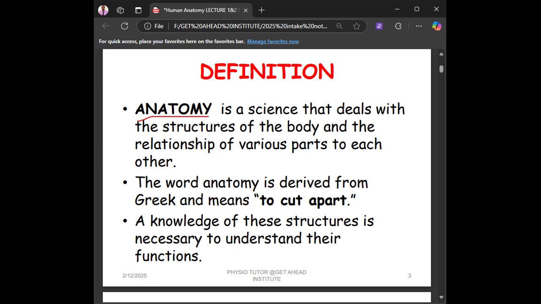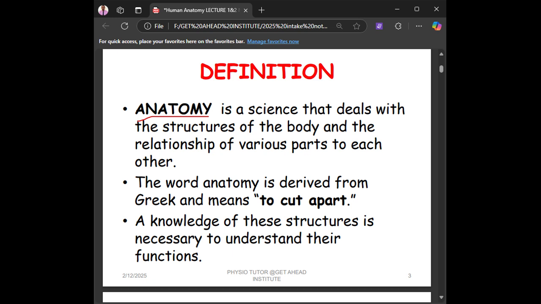In other words, human anatomy studies the structures of the body, and if it focuses on a particular structure, it will also take into consideration how that very structure being studied is related to other structures and how other structures are related to it.